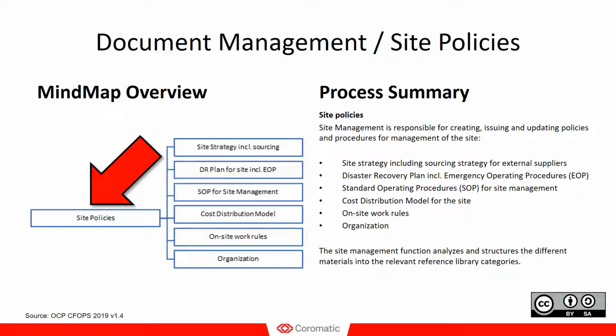On-site work rules is an important part, which might be easy to forget. It's very hands-on, practical documentation that should be distributed and posted so that it's always readily available for on-site workers. One of the main or critical topics is to ensure that health and safety rules are applied to avoid accidents or even deaths.